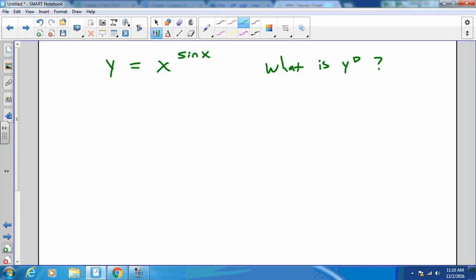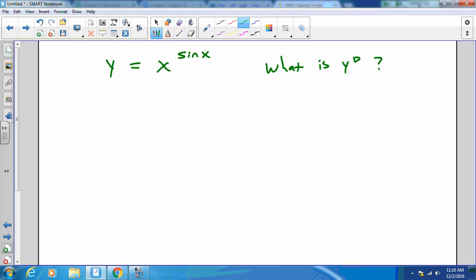Well, okay. Notice that I have a variable exponent, and that suggests that it might be profitable to do what? Take the ln of both sides. That's exactly it.